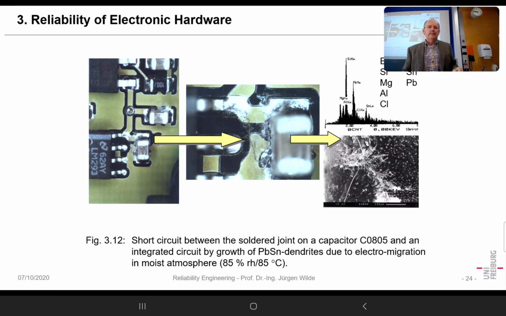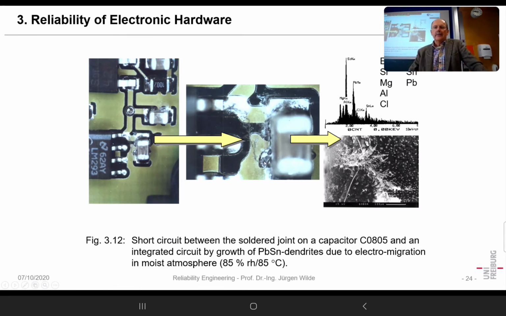And then my colleagues took them out, and we took them in a microscope and in a scanning electron microscope, and we were seeing certain structures, like such a small tree, or like a branch of a pine tree. What could that be? It also was found on top of the devices, and it always seemed to start from many positions where there was solder material.